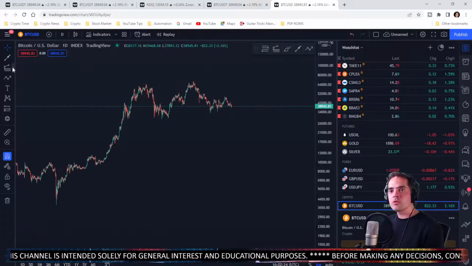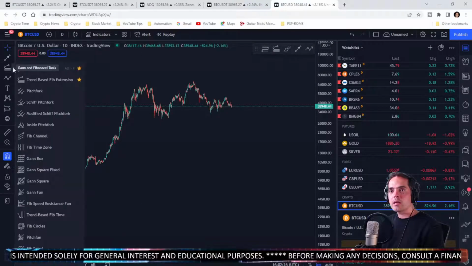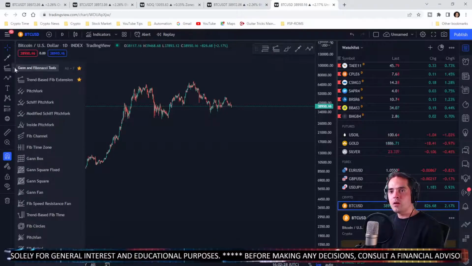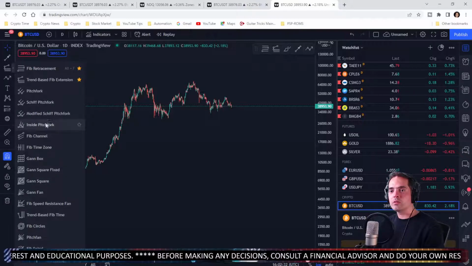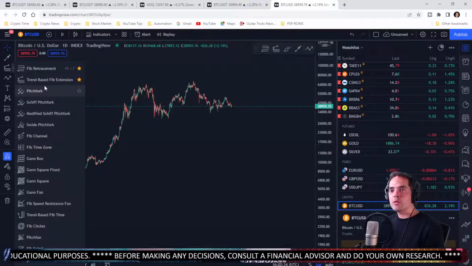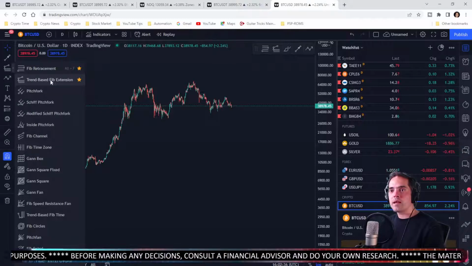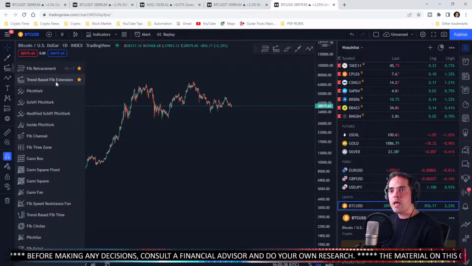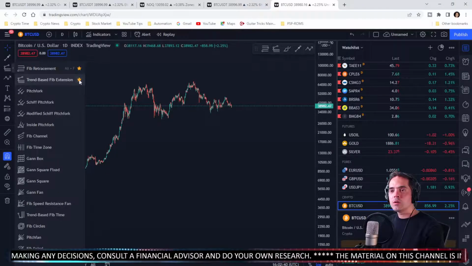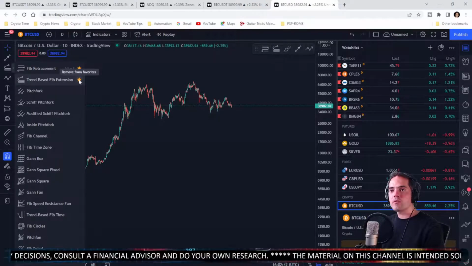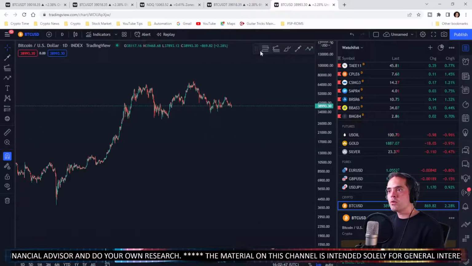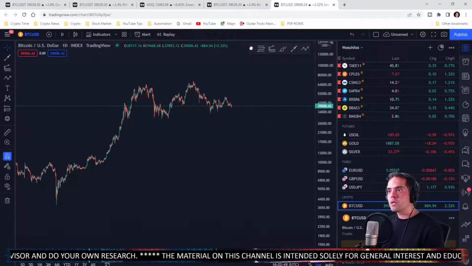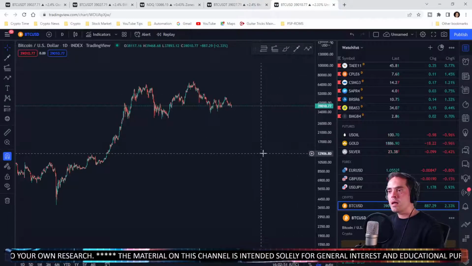You just go to your left panel and click on here, and then you'll find many different tools. But we will talk about the Fibonacci Extension tool. Then you click on the star to save in your favorites. Okay, so you can go from here, or you can leave your favorites tab right there.